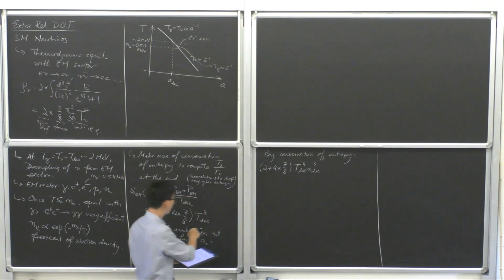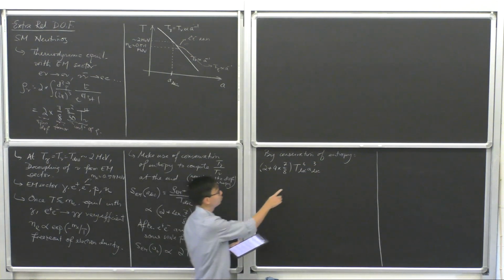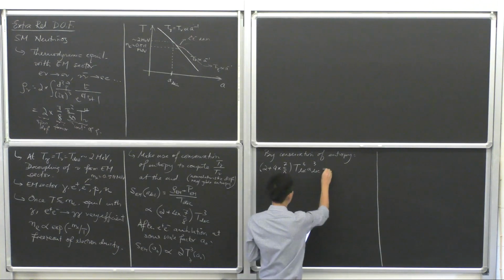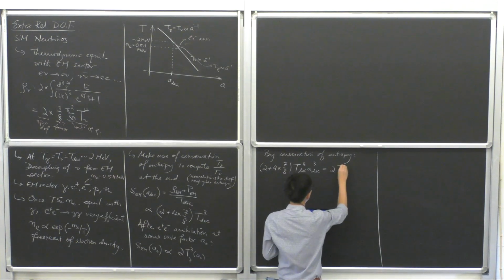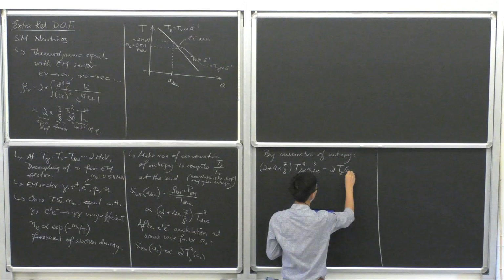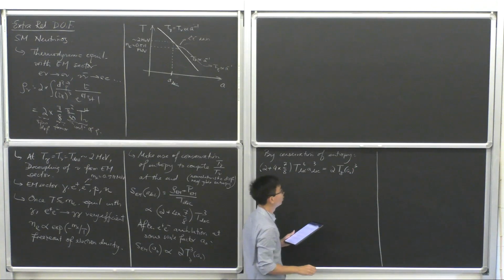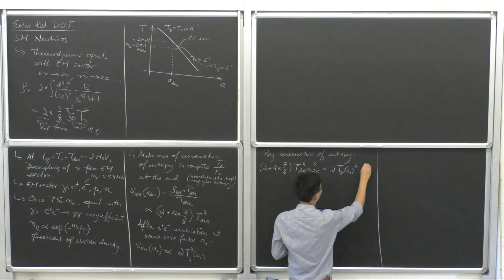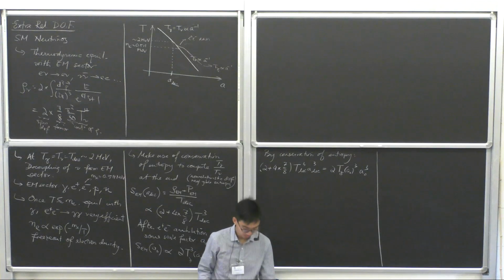Remember, this is just the entropy density, so I have to multiply by the volume to get the entropy. This is going to be equal to T gamma at a naught cubed times a naught cubed.